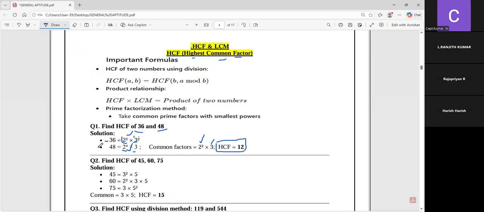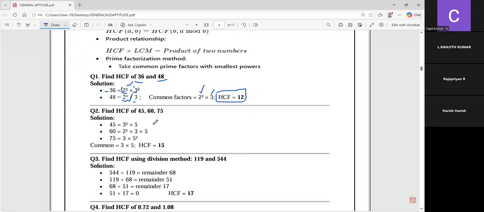Okay, we'll see the next problem. The first problem had two numbers, 36 and 48. In the second problem, I'm going to give you 3 numbers: 45, 60, and 75. 45, I'm going to divide into 9 into 5. 9 again is 3 into 3. So 3 square into 5 is 45.